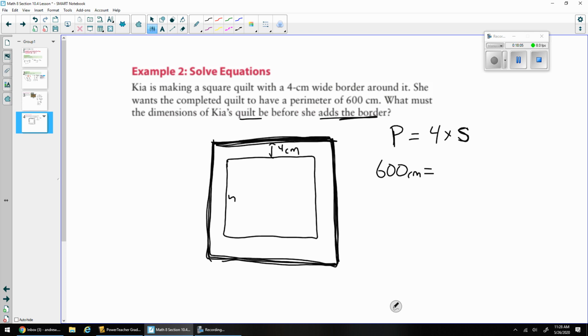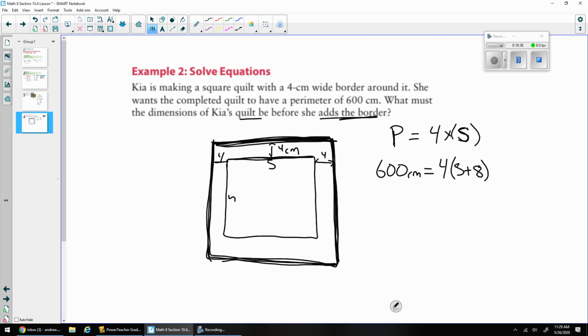Well, we don't know S, the side length of the inside here, but we do know the outside is S plus, since the width everywhere is 4, there's going to be 4 here and 4 here. 4 plus 4 is 8, so the side length is S plus 8, and there's going to be 4 of those for this outside.